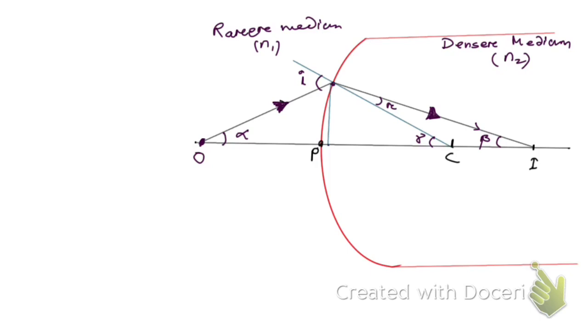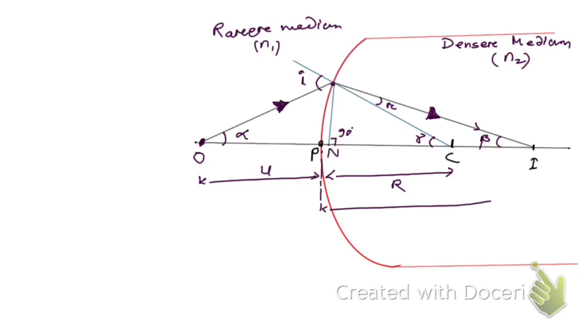This is a 90-degree perpendicular, and this point is suppose N. Now the object distance is represented by u. This is the object distance. The radius of curvature is represented by R, right? And the image distance is represented by v. Hope you have understood these things.